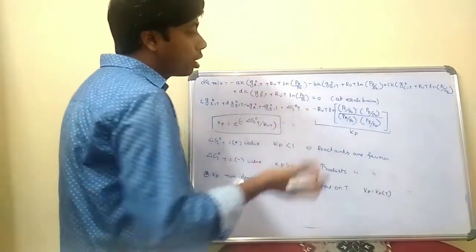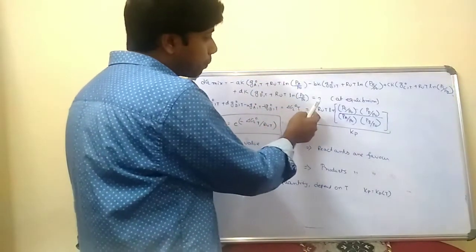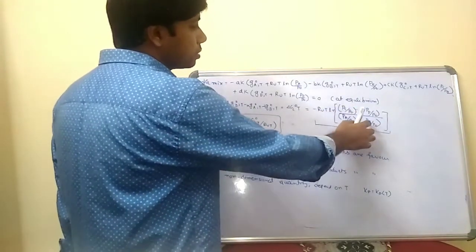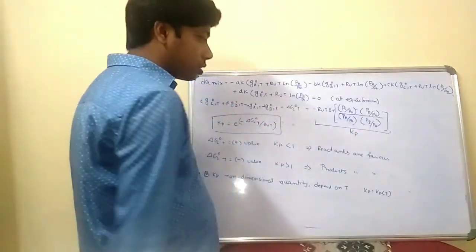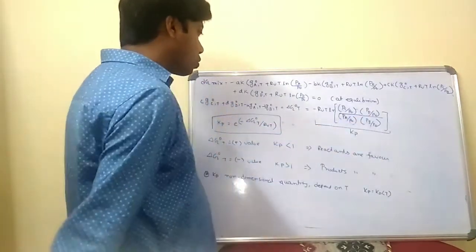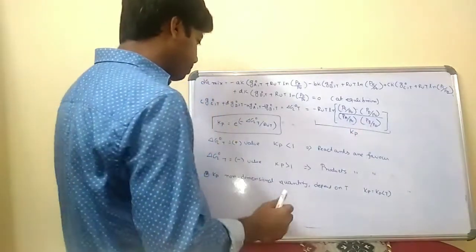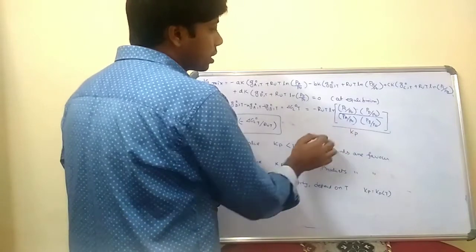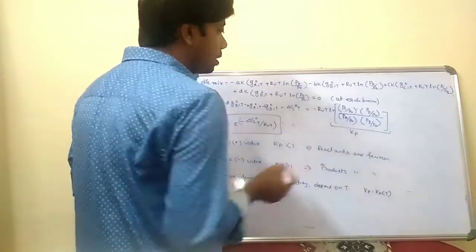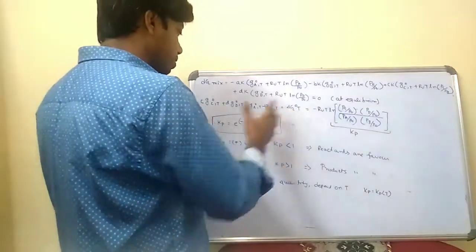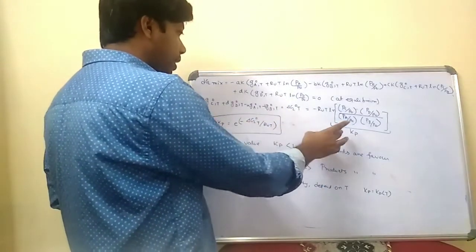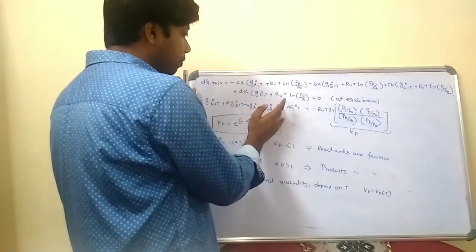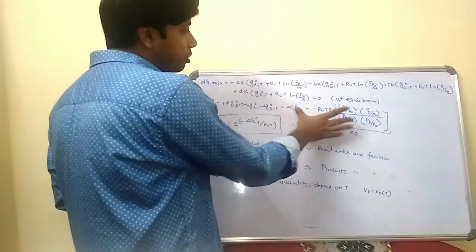From this expression, if you calculate, you get minus RT ln of PC by P0 to the power c times PD by P0 to the power d, divided by PA by P naught to the power a times PB by P naught to the power b, which is basically defined as Kp. So from these equations we can write that Kp is equal to e to the power minus delta G naught T divided by RT.